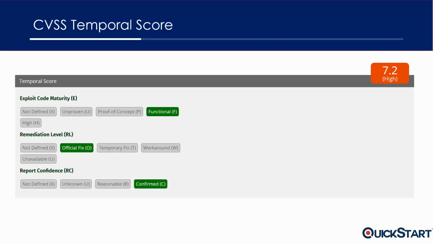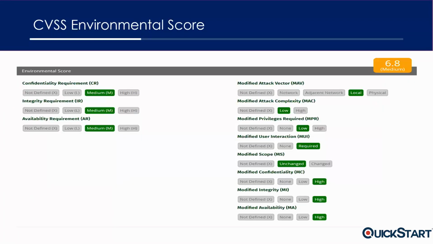So lastly, I laid my environmental score on top of it. What is my environment? Based on how my environment works, remember the base scoring was assuming that I had a requirement in my organization for confidentiality, integrity, and availability to all be high.